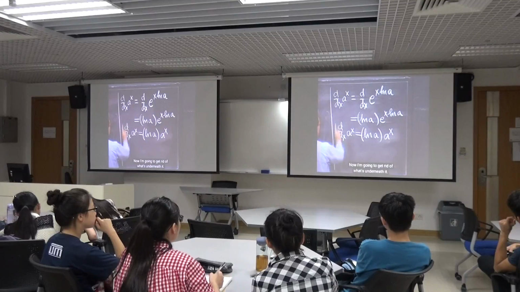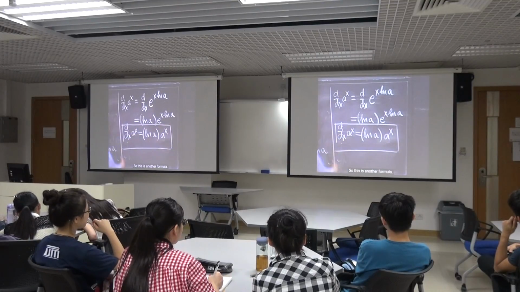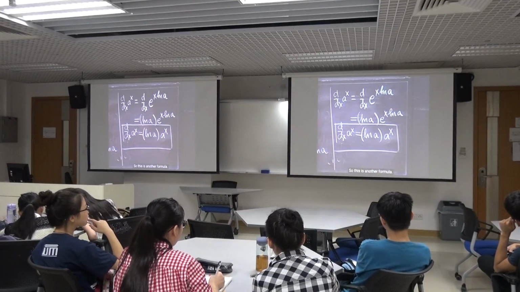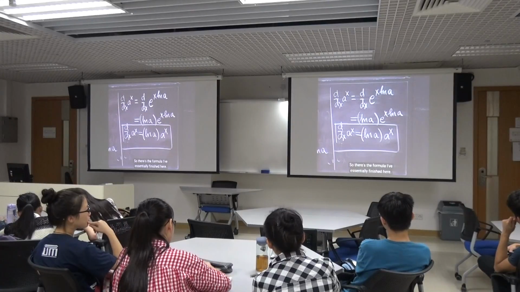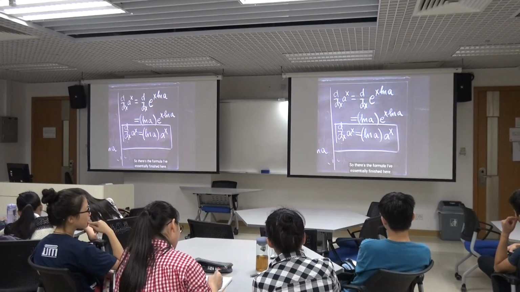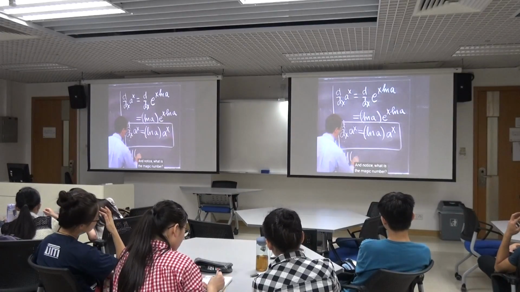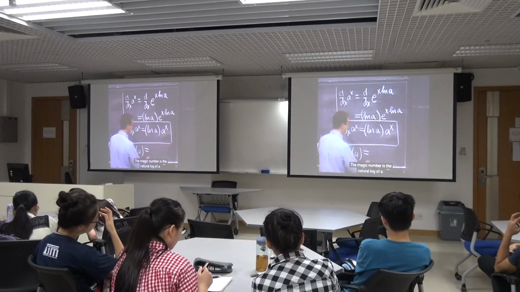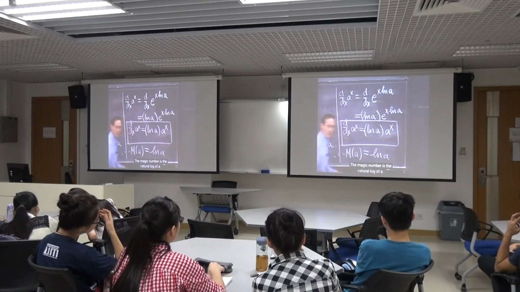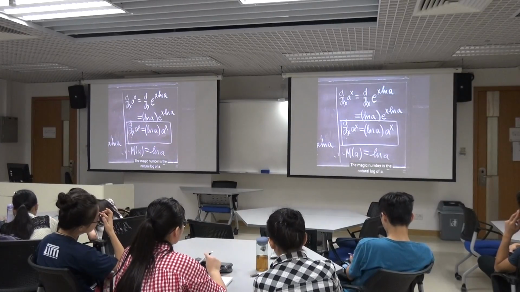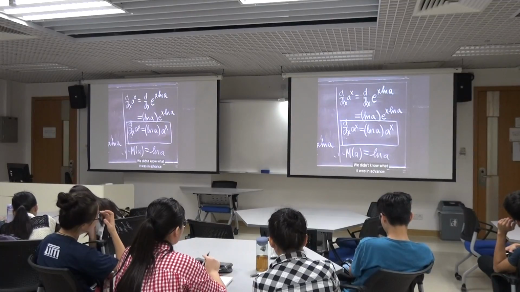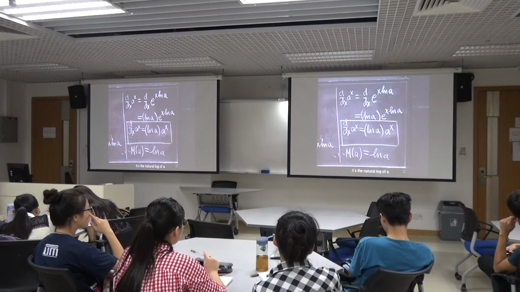All right, so this is another formula. Now, there's the formula I've essentially finished here, and notice, what is the magic number? The magic number is the natural log of a. That's what it was. We didn't know what it was in advance. This is what it is. It's the natural log of a.